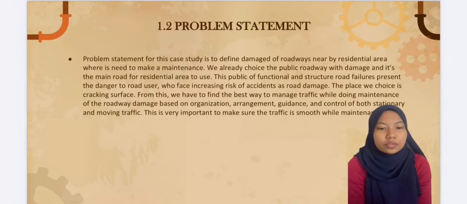These functional and structural road failures present a danger to road users, who face increased risk of accidents because of the road damage. The damage we chose is a cracking surface. From this, we have to find the best way to manage traffic while doing maintenance of the road damage.